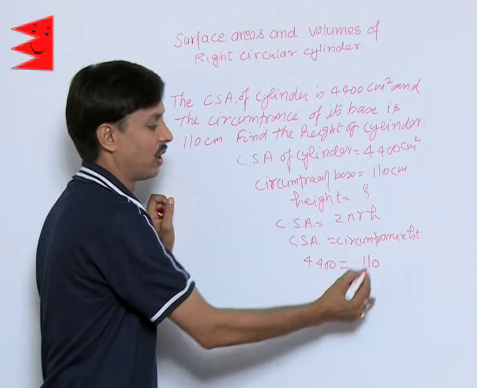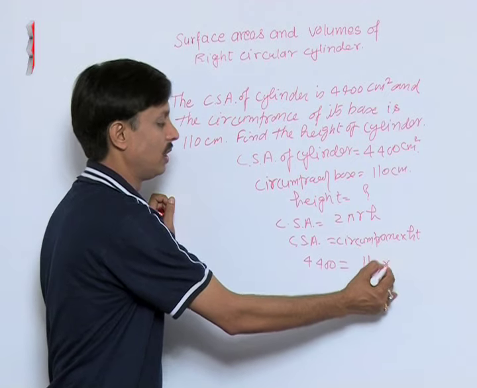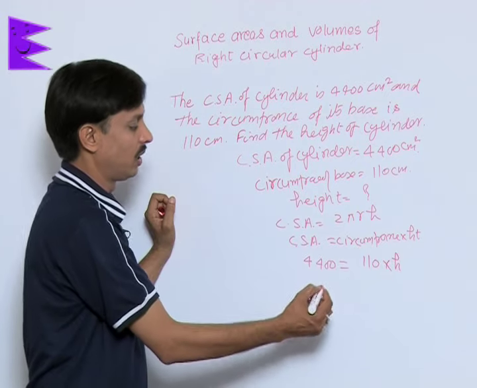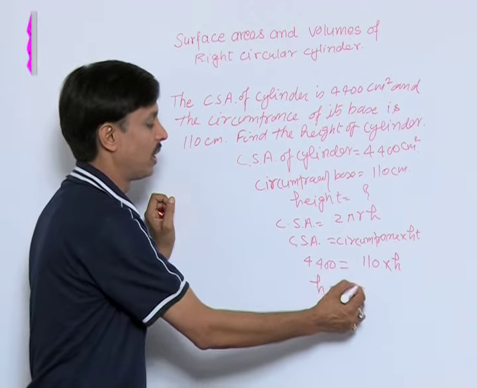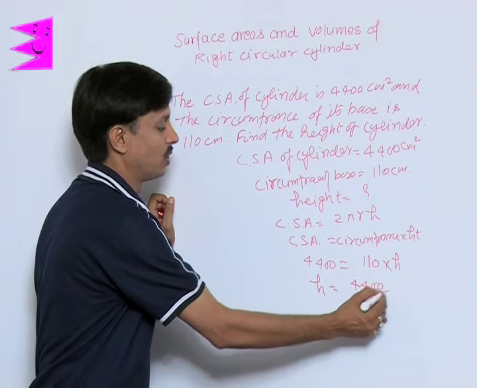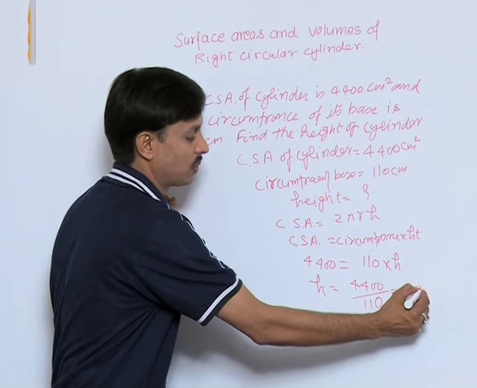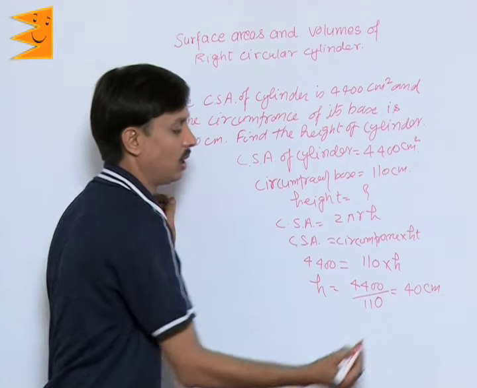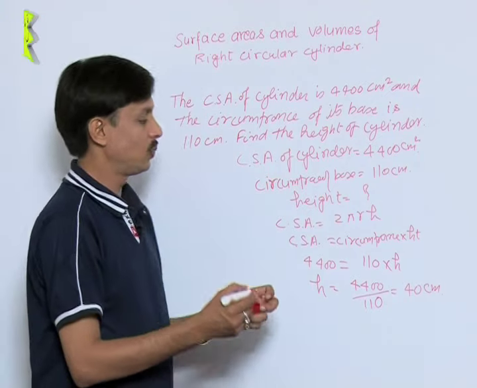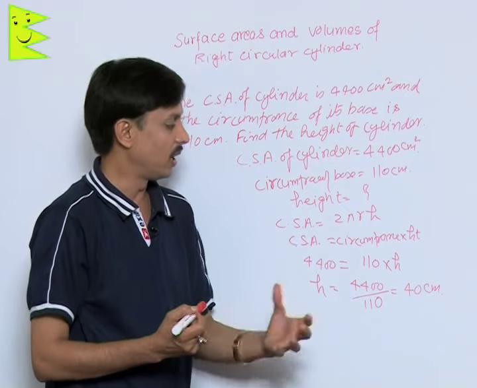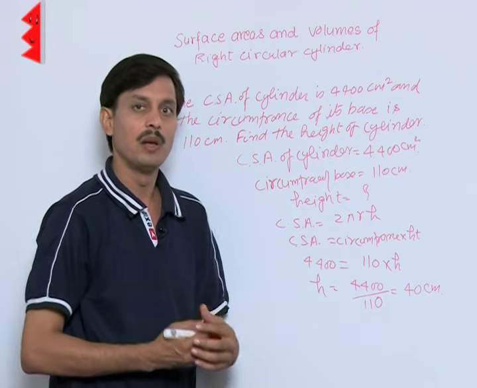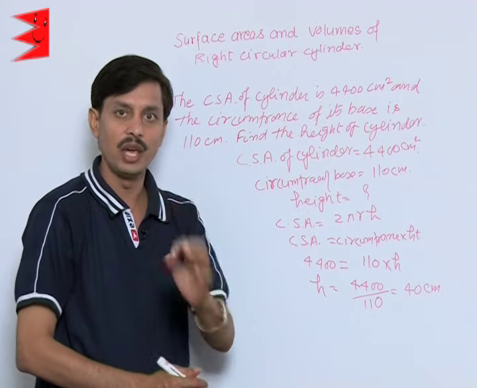Circumference is given 110 centimeter. Into height is required. So answer of height is 4400 divided by 110 gives us 40 centimeter. Hence for this question the height of cylinder must be 40 centimeter.